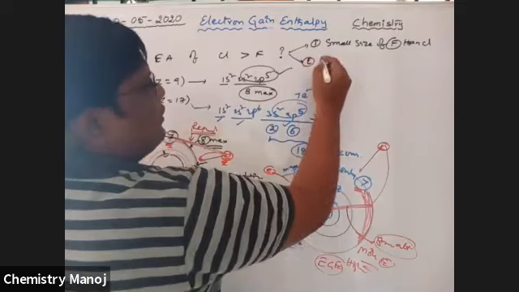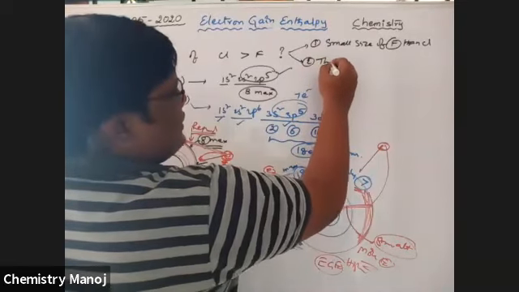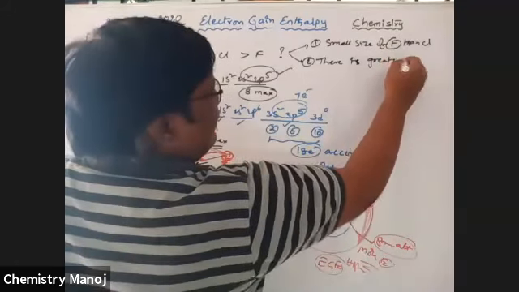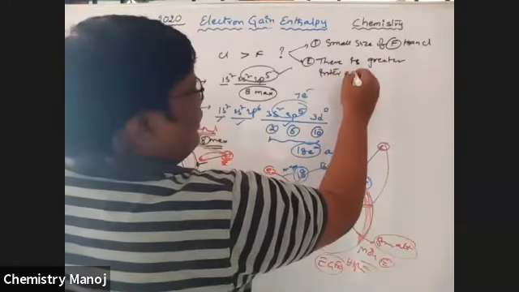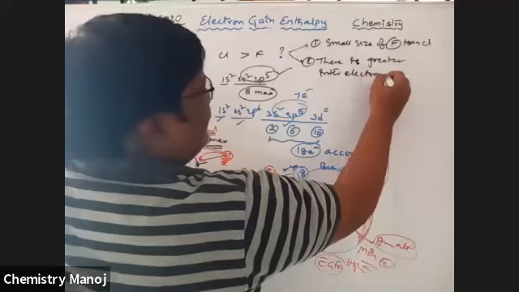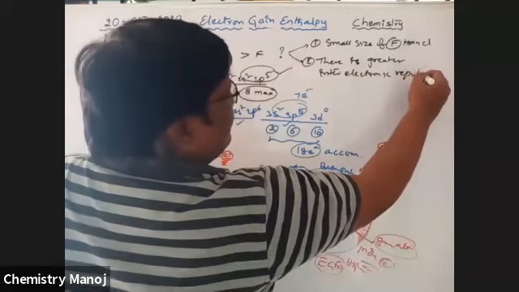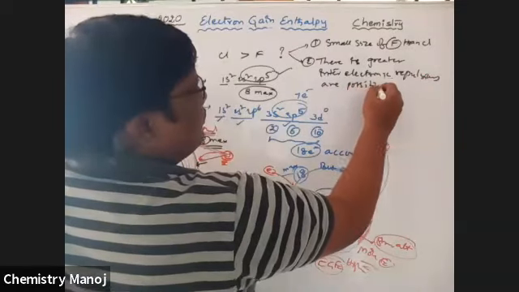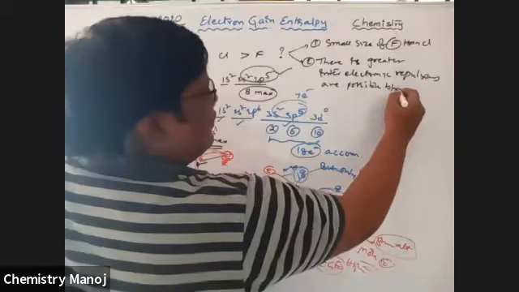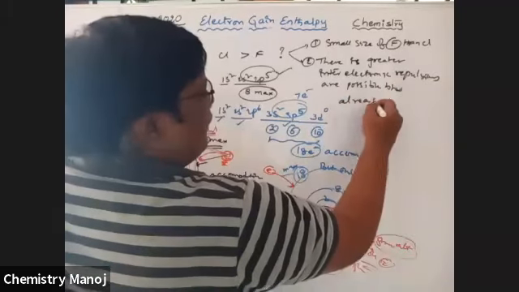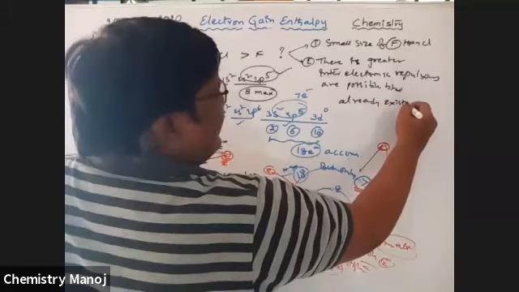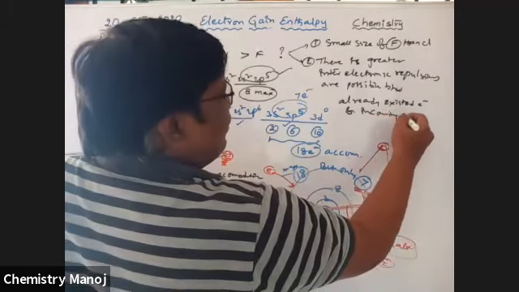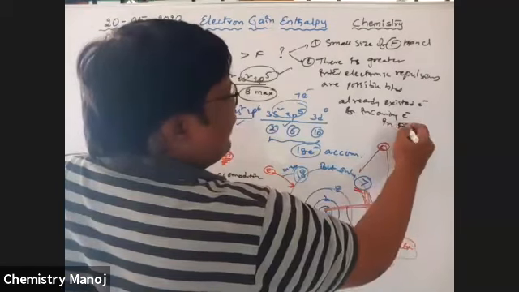Second, there are greater inter-electronic repulsions possible between the already existing electrons and the incoming electron in fluorine.